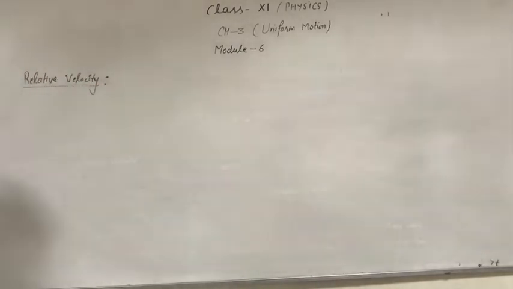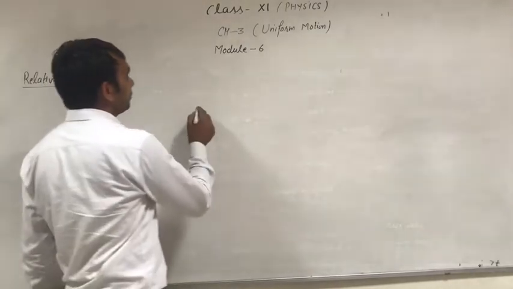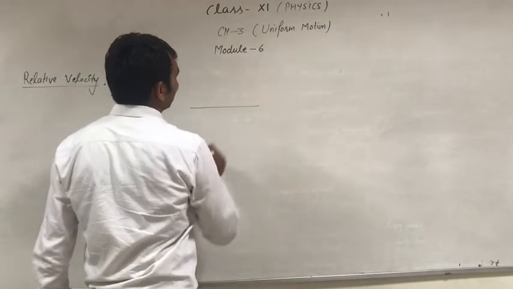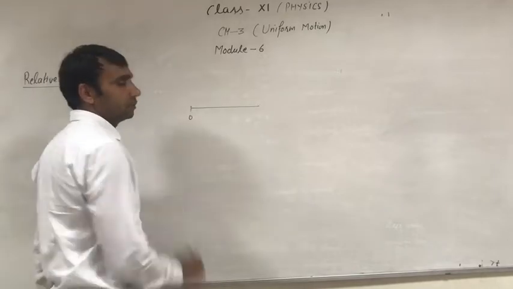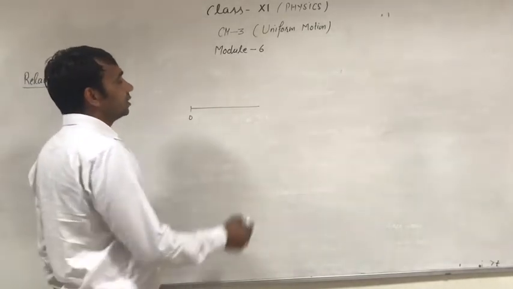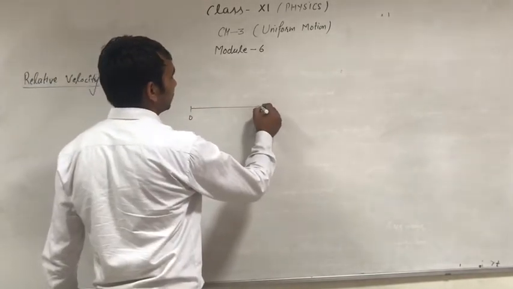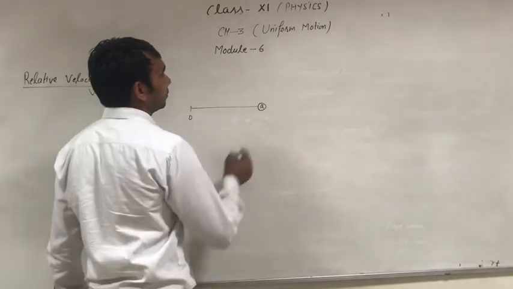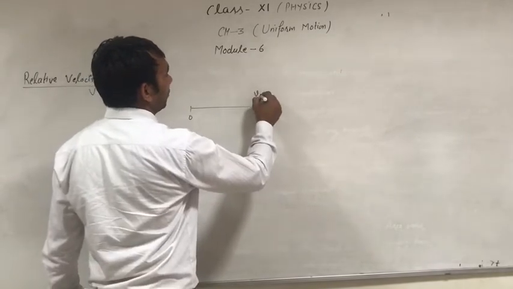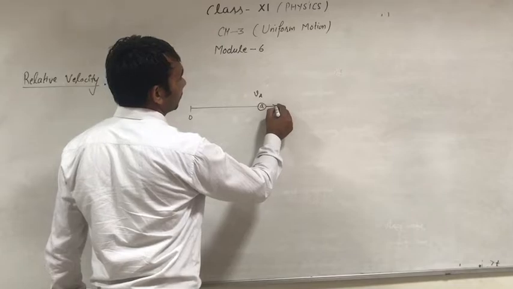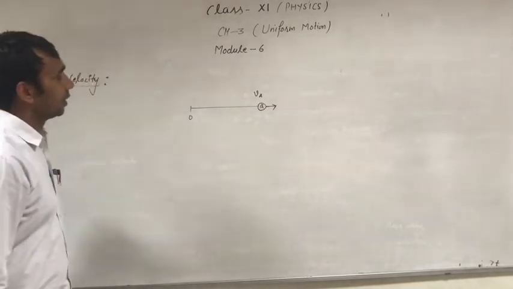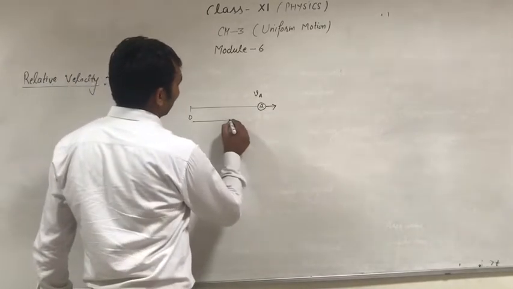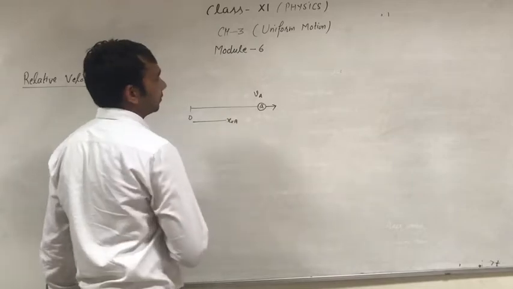So relative velocity: let object A start from the origin at any instant of time, with velocity V. The displacement covered is x0A.